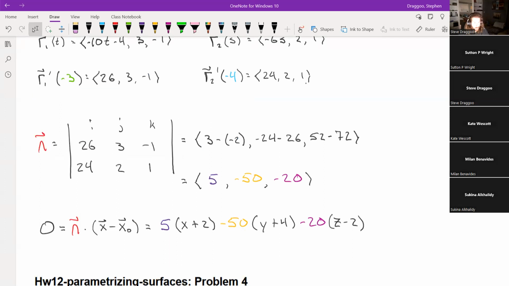If you had done the opposite of what I did, you put the 24, 2, 1 on top and the 26, 3, negative 1 on bottom, you'd get the same numbers as I got, at least if you did it right: 5, 50, 20. Those numbers would all be the same, but all of your negative signs would be opposite from mine. So you should have gotten negative 5, positive 50, positive 20.